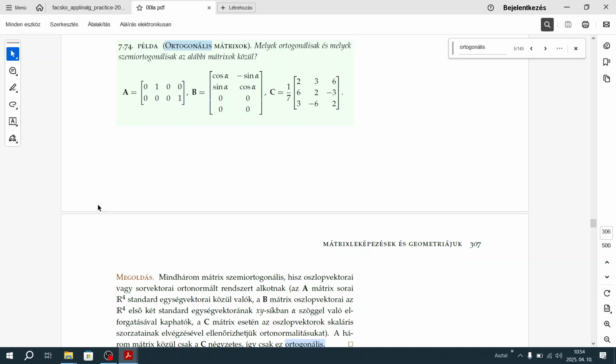The last one is also an orthogonal matrix, and I need this matrix right now because I need these examples. So this is C: 1, 7, and 2, 3, 6, 6, 2, minus 3, 3, 2.